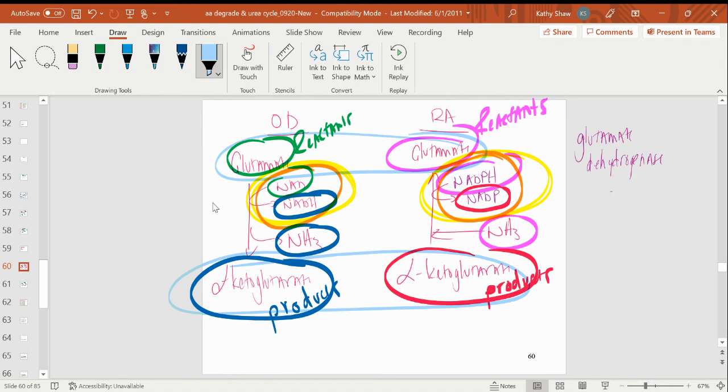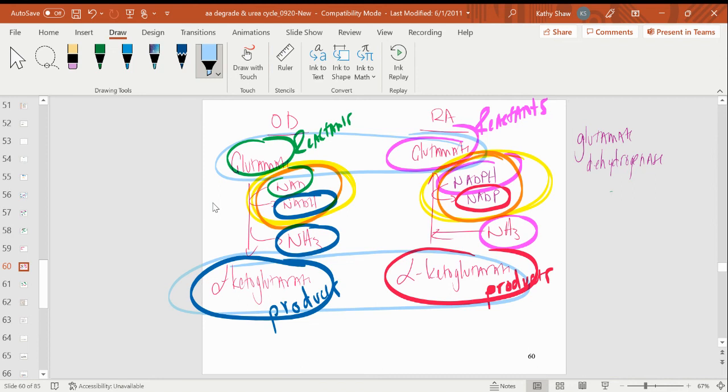We have the difference with the NAD stuff, and I'm saying NAD stuff on purpose. NAD going to NADH in oxidative deamination. NADP going to NADPH in reductive amination. Also, which way am I going with glutamate and alpha ketoglutarate? Those questions, like I said, could be application based or could be nitty gritty like that.